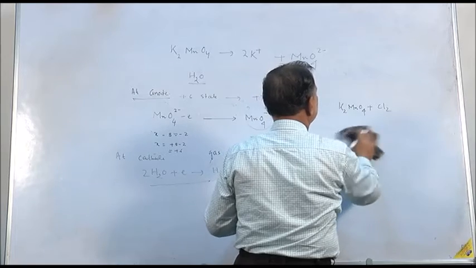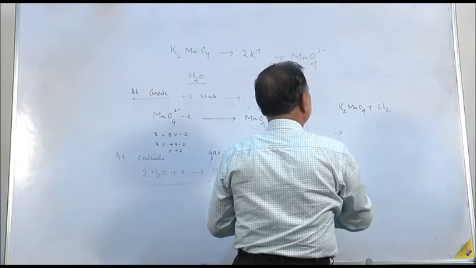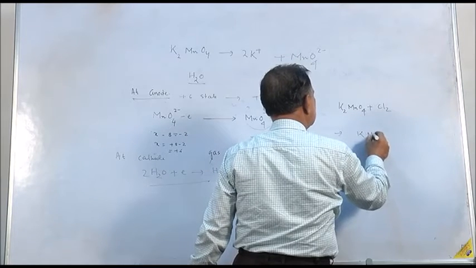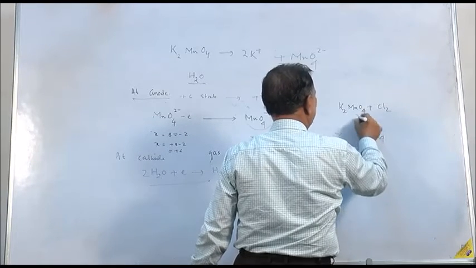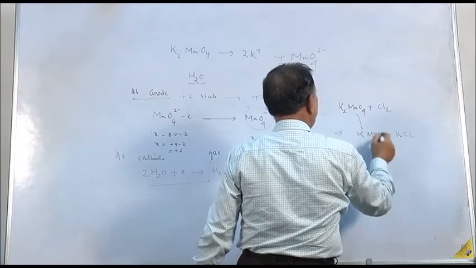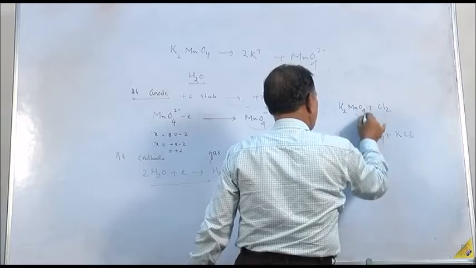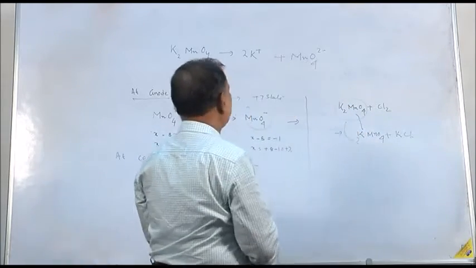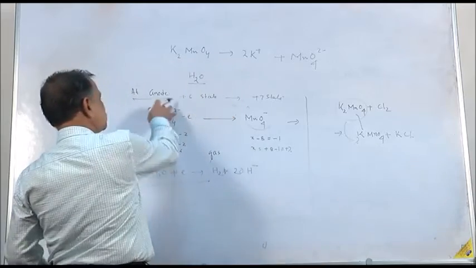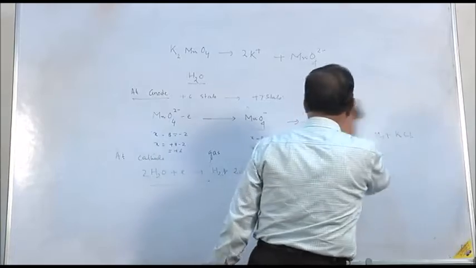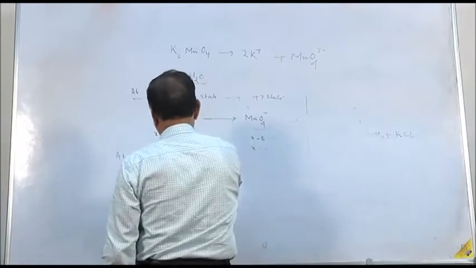With chlorine we can get KMnO4 from manganate, plus KCl. So potassium manganate to potassium permanganate we can do by oxidation by chlorine. By other methods you can oxidize this, but the most convenient method is electrolytic oxidation. So this is the preparation of potassium permanganate.